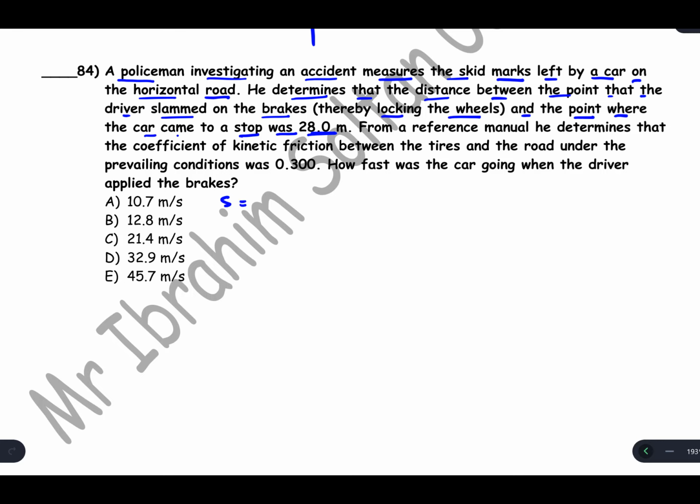So the distance equals 28 meters. From a reference manual, he determines that the coefficient of kinetic friction between the tires and the road under the prevailing conditions was 0.3. So mu k equals 0.3 without unit, right? How fast was the car going when the driver applied the brakes?